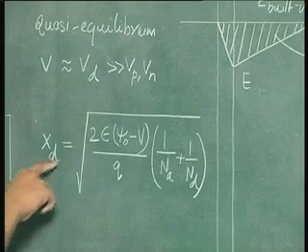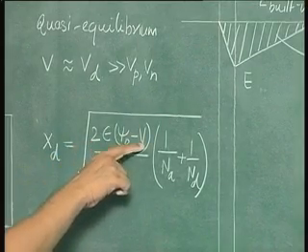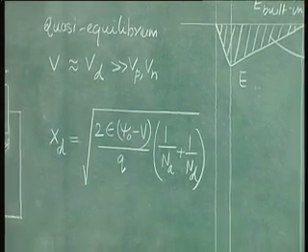So this clearly shows that because this voltage has reduced by V, your depletion width has reduced.